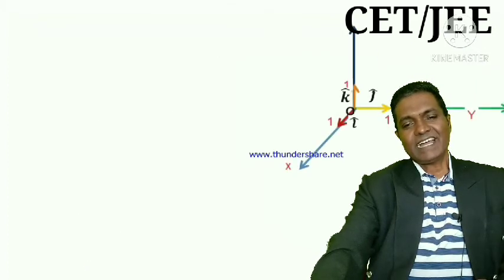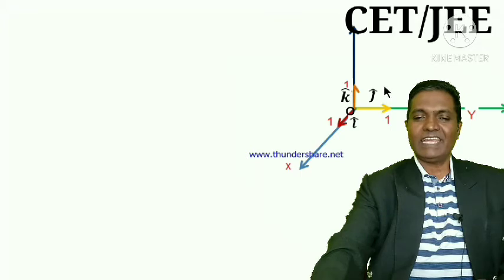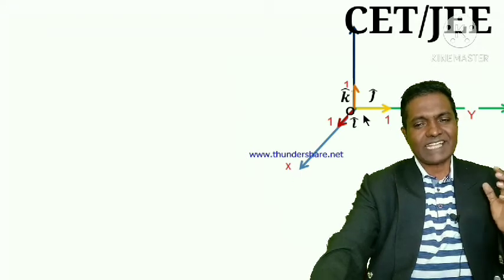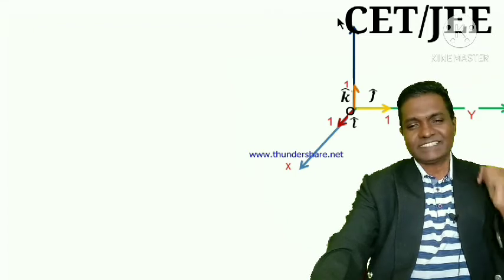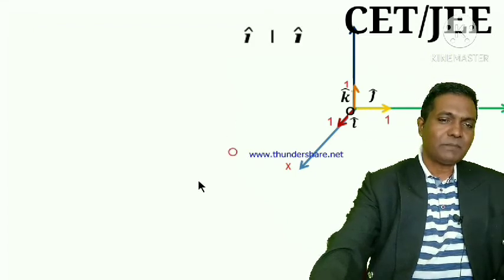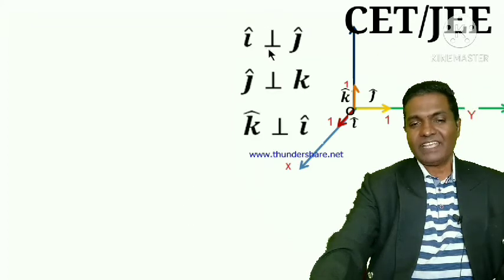See here, as we all know, i cap, j cap, k cap are the unit vectors along x-axis, y-axis, z-axis respectively. And we also know that they are mutually perpendicular, means i is perpendicular to j, j is perpendicular to k, and k is perpendicular to i.